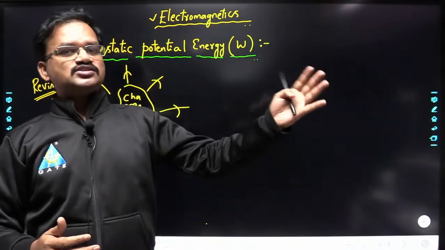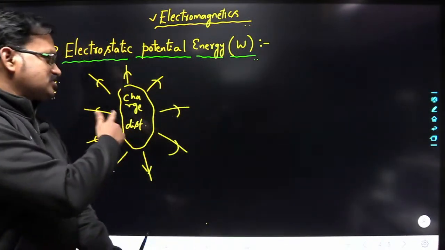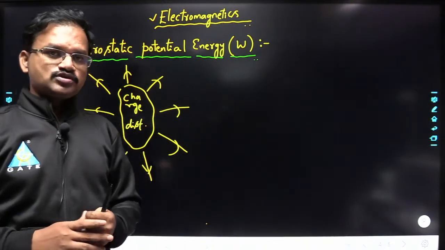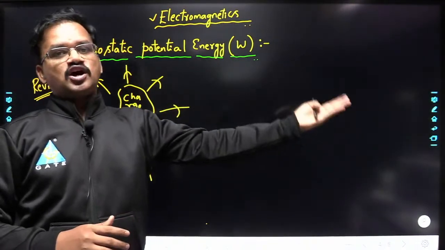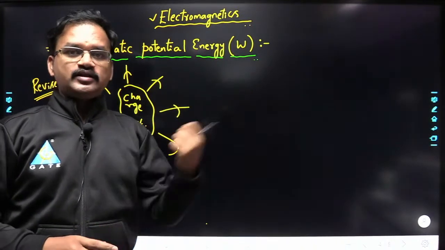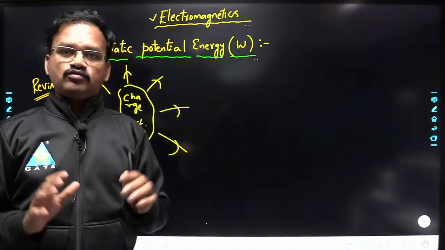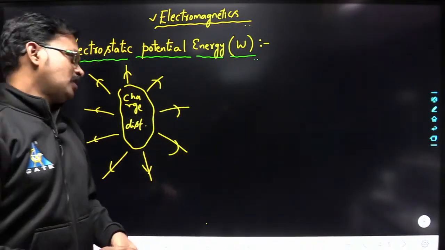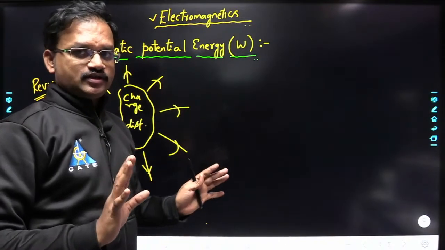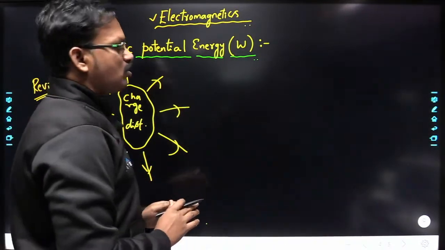If the other charge is of the same polarity, it experiences a repulsive force. If it is of opposite polarity, it experiences an attractive force. Understood? This is what you have to understand.